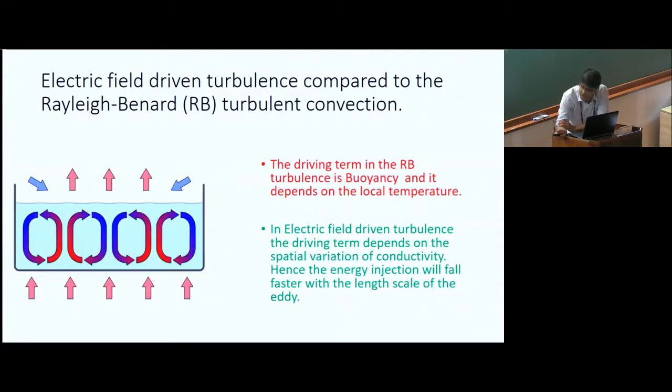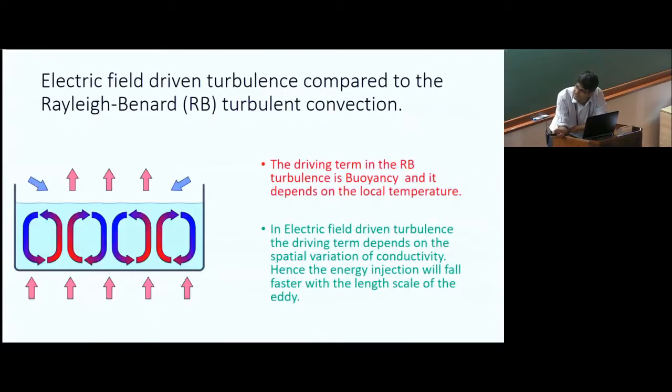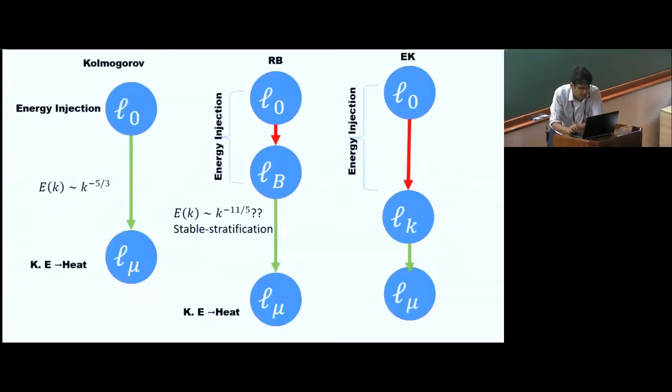On the other hand, in the electric field case, if you look at this particular expression, it depends on the gradient of your conductivity. So it depends slightly differently than Rayleigh-Benard convection. So this could be electrokinetic turbulence, which is in many ways different from any other turbulence that we know of. So that's 11 by 5.